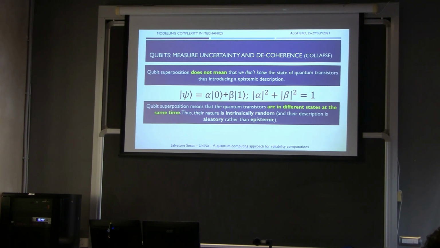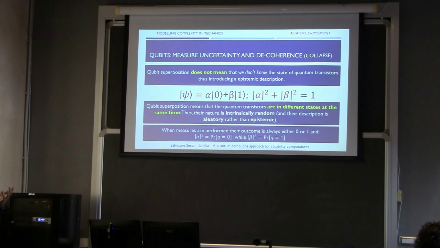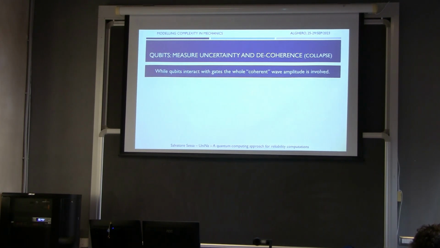So their nature is intrinsically random, and the description comes out to be aleatoric more than epistemic. So there is an intrinsic randomness of the phenomenon. This is an essential point in order to provide some reliability tool. And as I said, after the measurement is done, the outcome goes back to a deterministic state. So it is just 1 or 0.